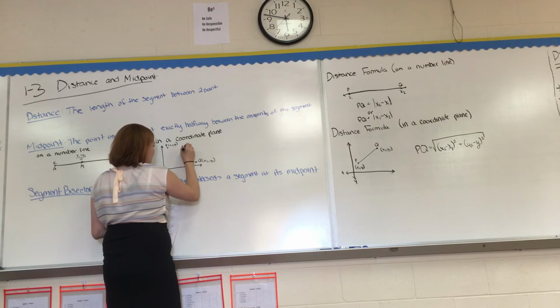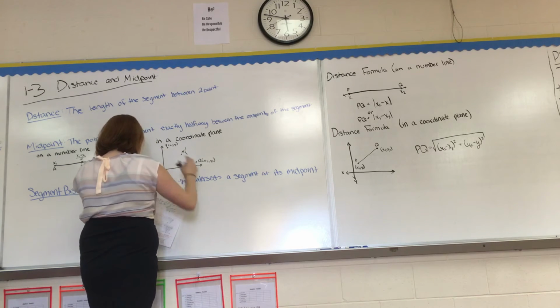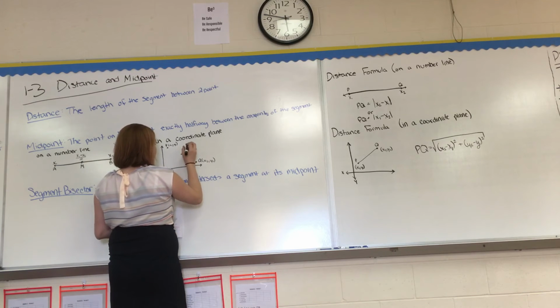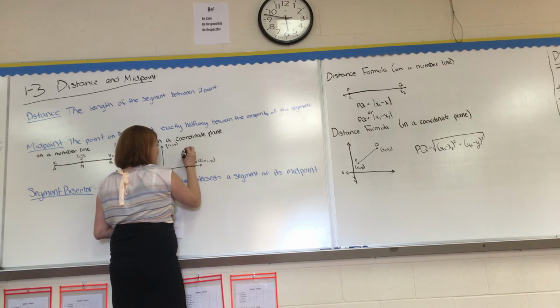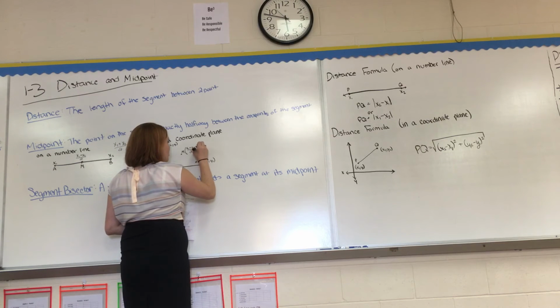Our midpoint is similar to over here. We want the averages, so for x we get x1 plus x2 over 2, comma, y1 plus y2 over 2.